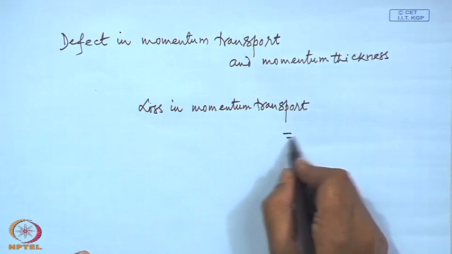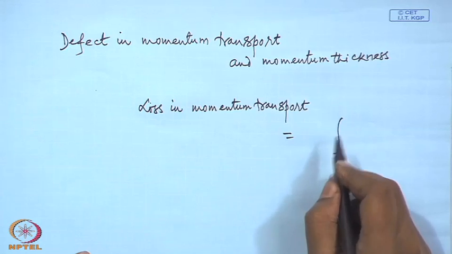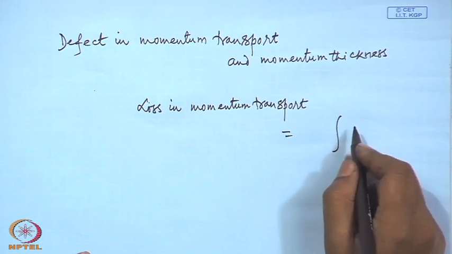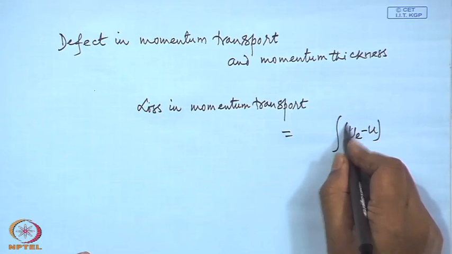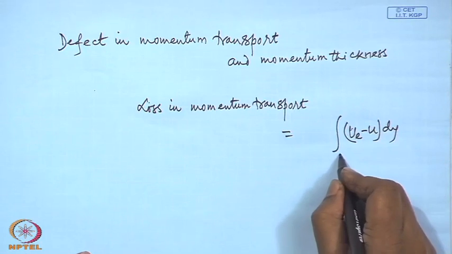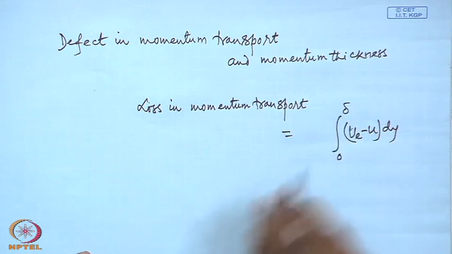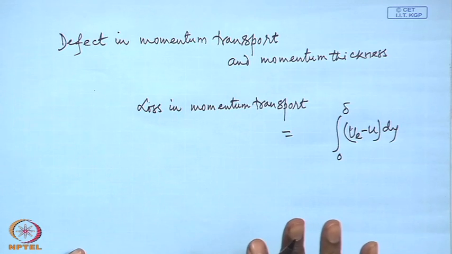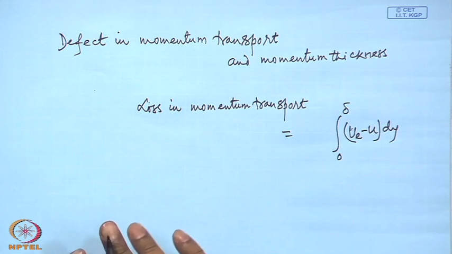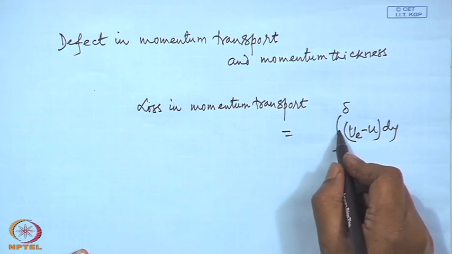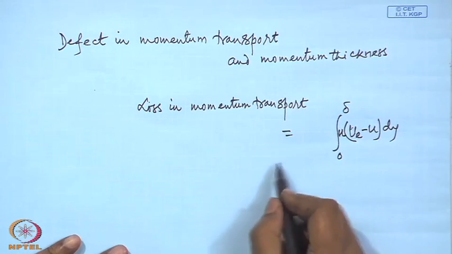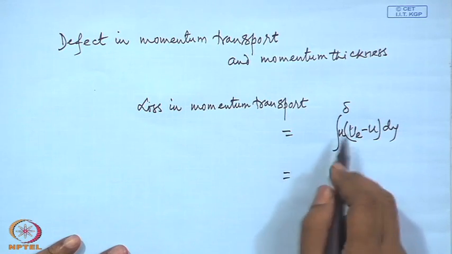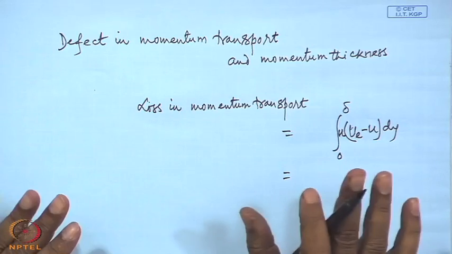See, this will be straightaway, let me remember, the loss in mass or volume transport is what we did yesterday, 0 to delta. This is the loss in momentum transport, mass transport. So, momentum transport will be this multiplied by the velocity u, and once again that rho we have dropped, because you are considering incompressible flow.